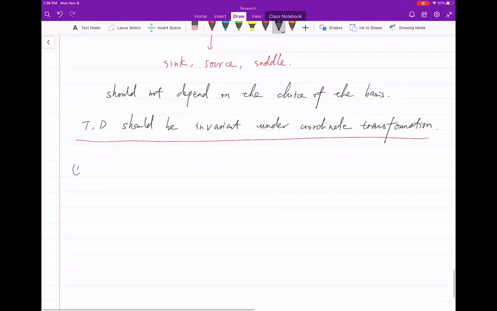Now, fact: they are. So number 1, T is invariant. And number 2, D is invariant. So they are good indicators because no matter which coordinate system you pick, they stay the same. Therefore, the behavior stays the same because the behavior depends on these two. Okay, so this is actually the best choice: the trace and the determinant.